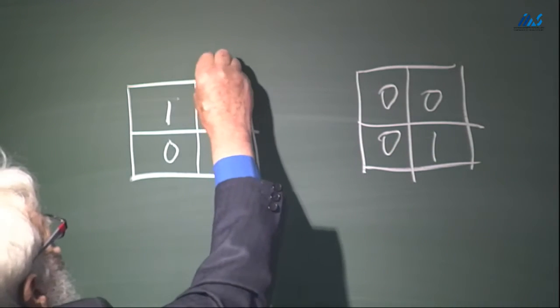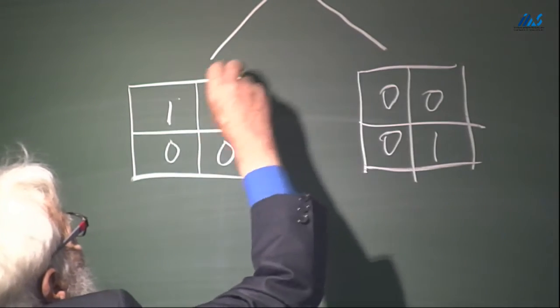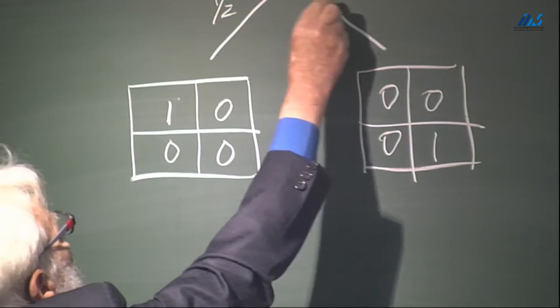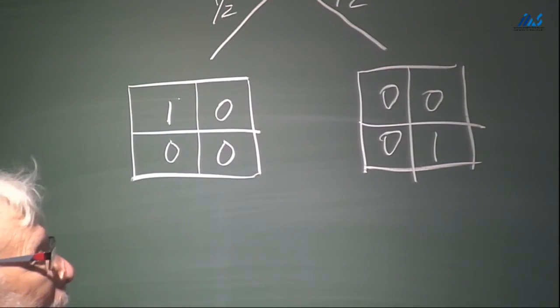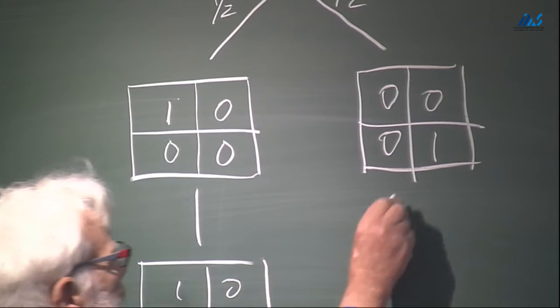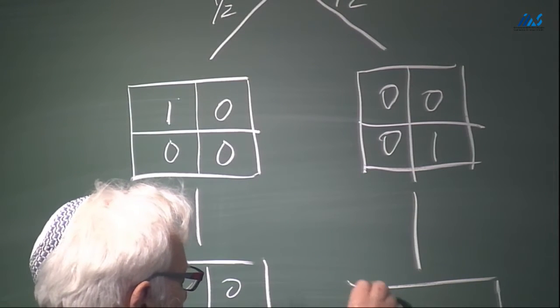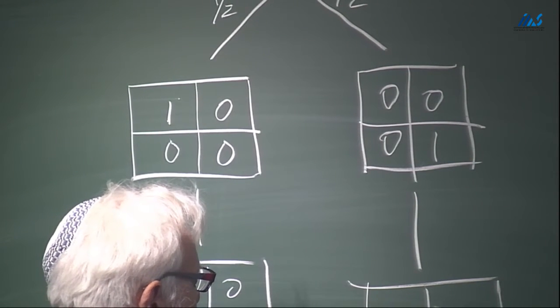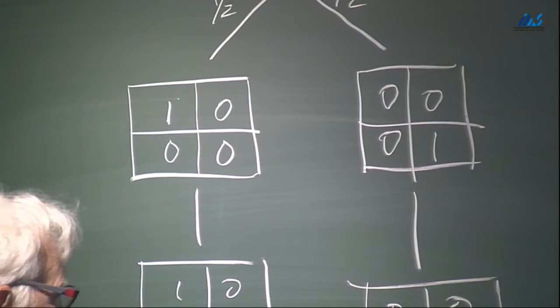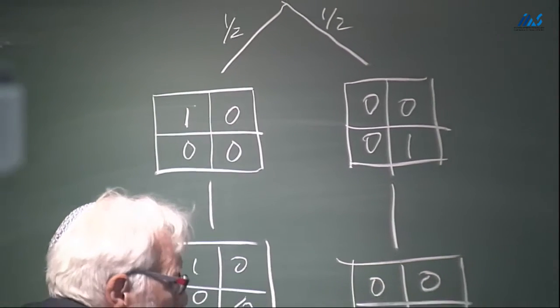And nature chooses either this game or this game with probability a half each. And then the chosen game is repeated. So we get this again, 1, 0, 0, 0. You can hardly think of anything simpler than this. But it's still pretty interesting. And it's repeated again and again.